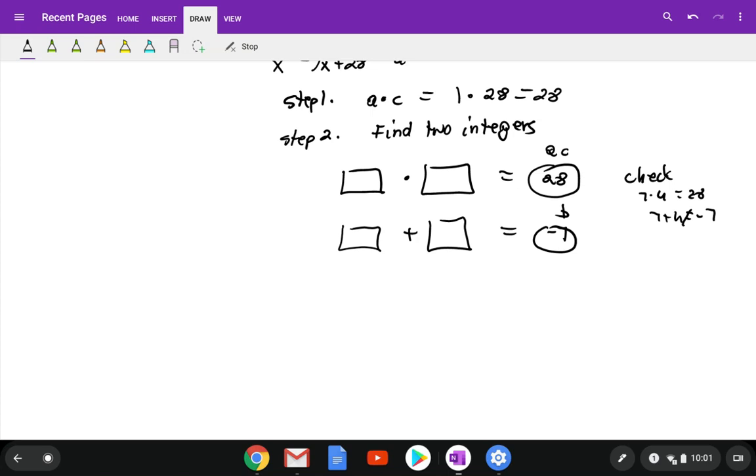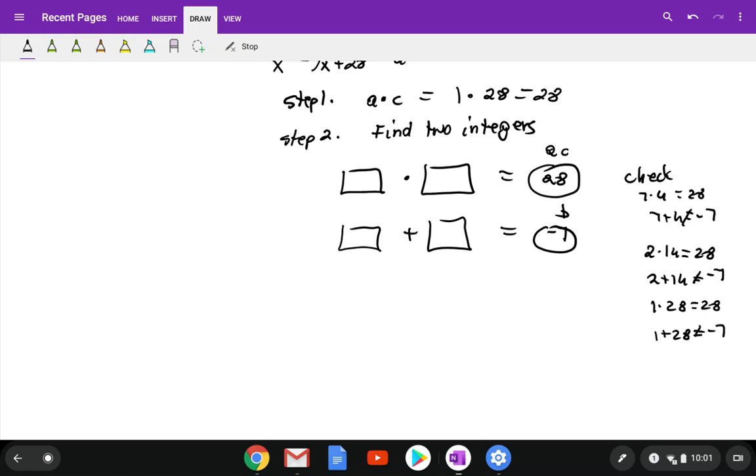Then 2 times 14 is 28, however, 2 plus 14 is not equal to negative 7. And of course, 1 times 28 is equal to 28, however, 1 plus 28 does not give you negative 7.